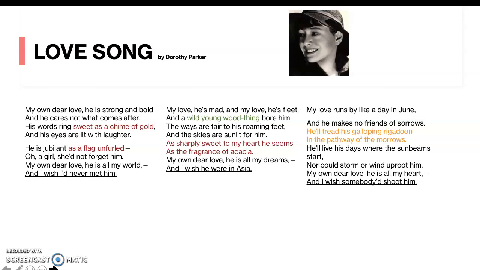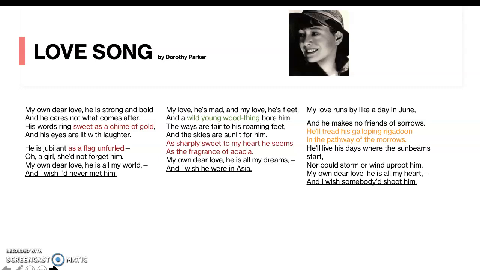As sharply sweet to my heart he seems as the fragrance of acacia. My own dear love, he is all my dreams, and I wish he were in Asia. My love runs by like a day in June, and he makes no friends of sorrows. He'll tread his galloping rigadoon in the pathways of the morrows. He'll live his days where the sunbeams start, nor could storm or wind uproot him. My own dear love, he is all my heart, and I wish somebody'd shoot him.